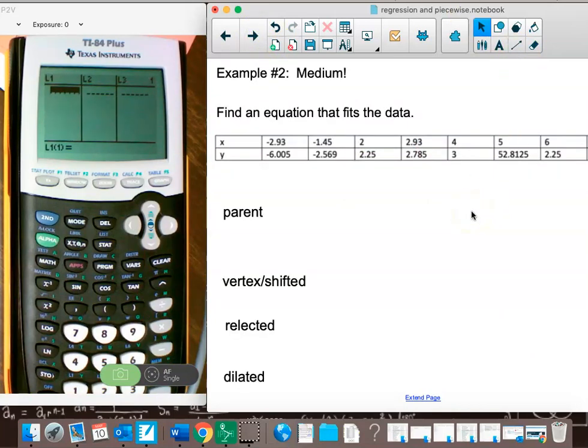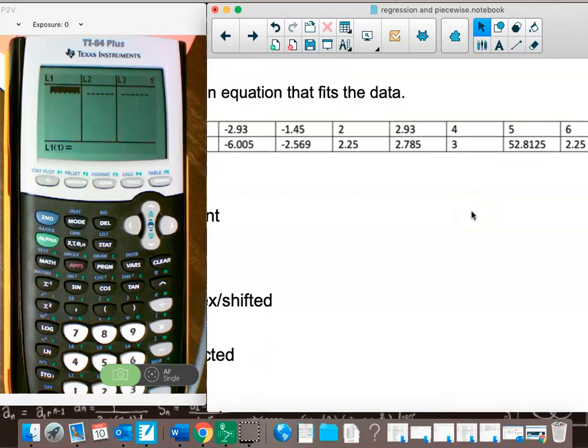So this one, you can make it a tiny bit bigger. The top row is your x's, the bottom row is your y's. So we have x values of negative 2.93, negative 1.45, 2, 2.93, 4, 5, and 6.